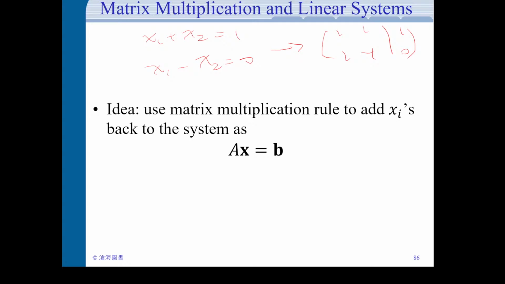And then here we've been doing a little dumb thing. We say we kind of want these x's back, so we use the matrix multiplication rule to write this equation instead.